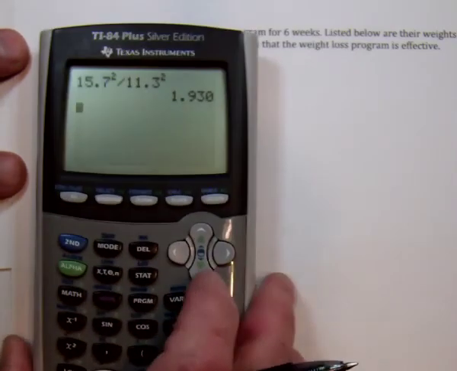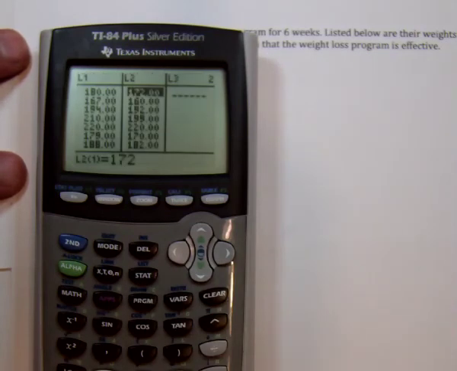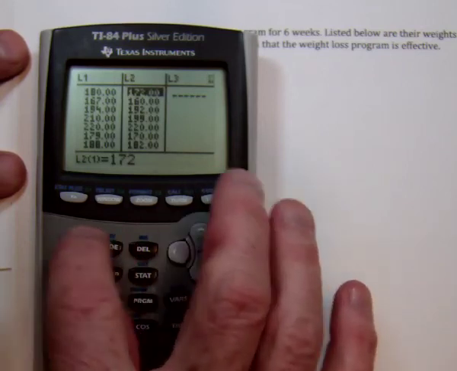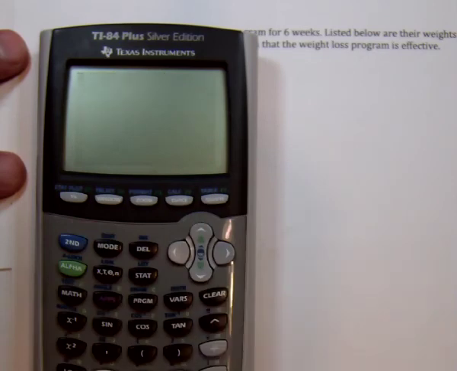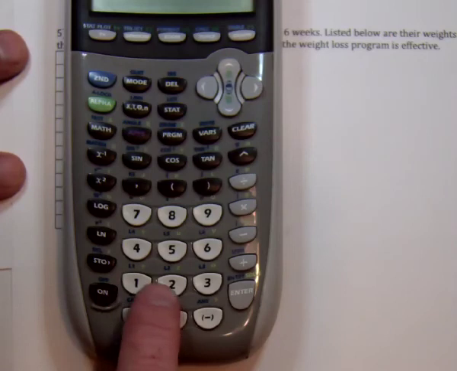Or here's a faster way. So first of all, before turning on the camera, I type those numbers into list 1 and list 2. And then what I would do is just go to the home screen, so just quit. And so under the numbers 1, 2 and 3 are the names list 1, list 2, list 3.